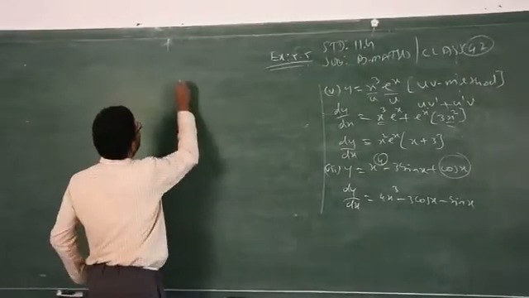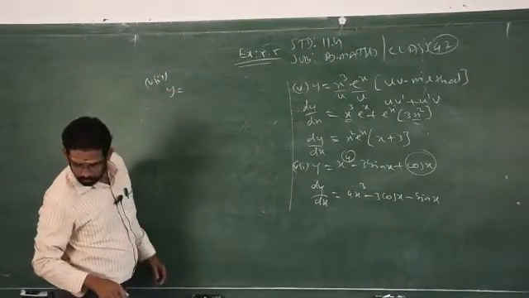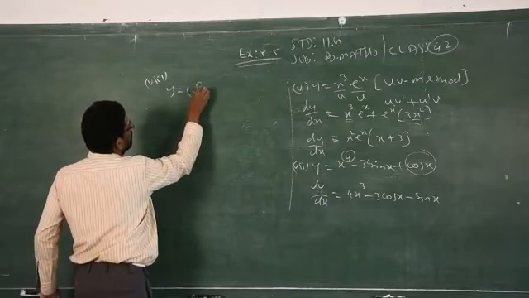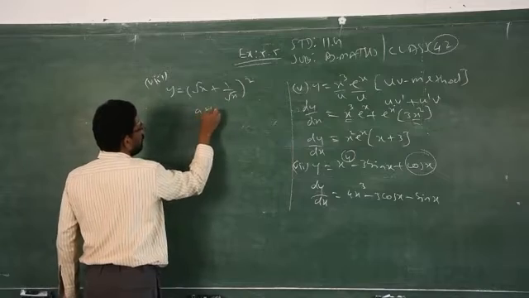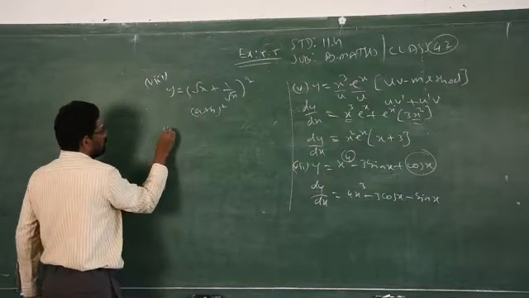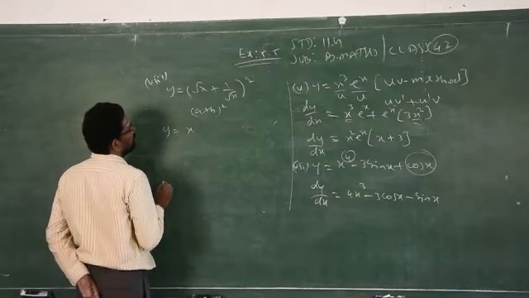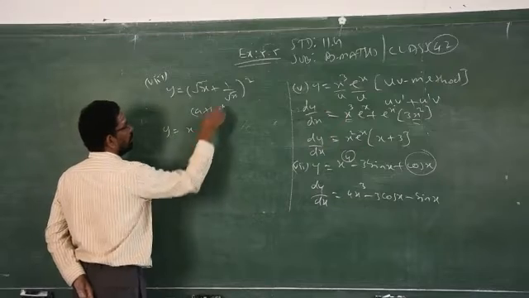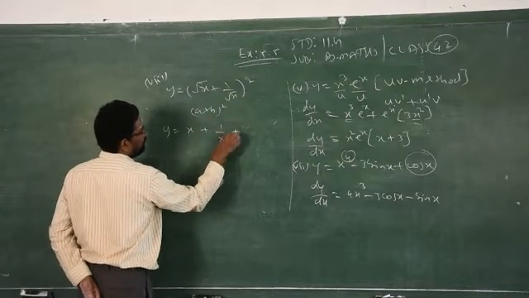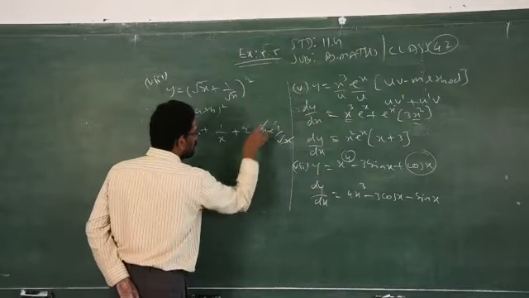Now 8th sum, that is y is equal to root x plus 1 by root x the whole square. This is the form of a plus b the whole square. Just expand by using a plus b the whole square. A square, when you square, the square root gets eliminated, then b square is 1 by x, plus 2ab, root x into 1 by root x eliminated.